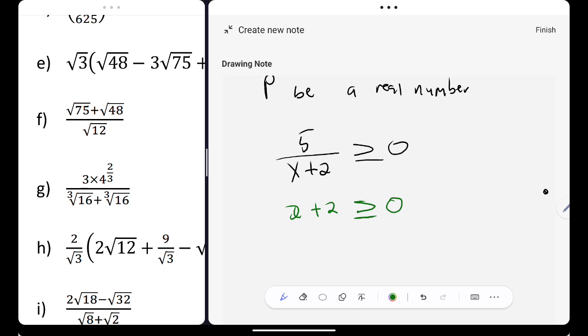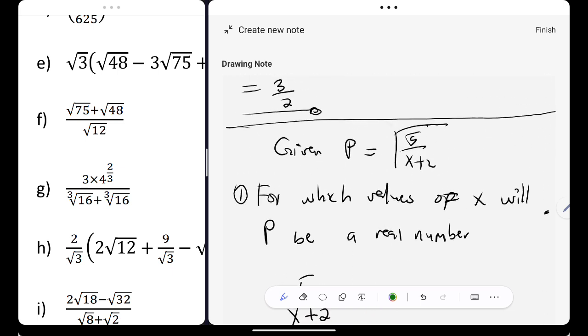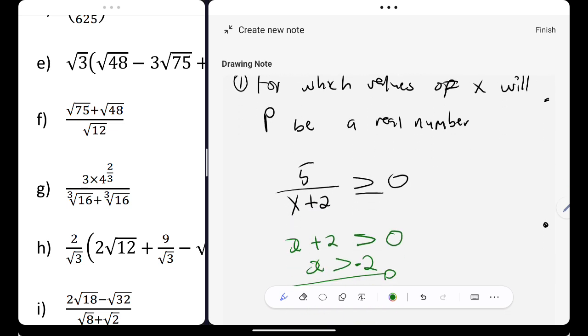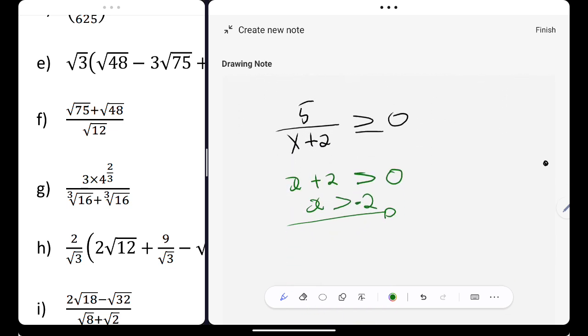So I'll just have x is greater than negative 2. So for p to be real, that means x should be greater than negative 2. Are you together?